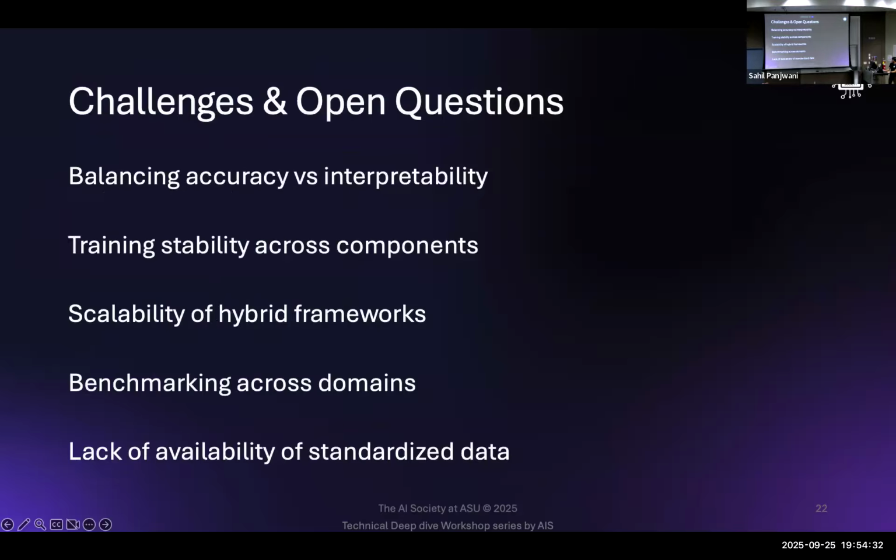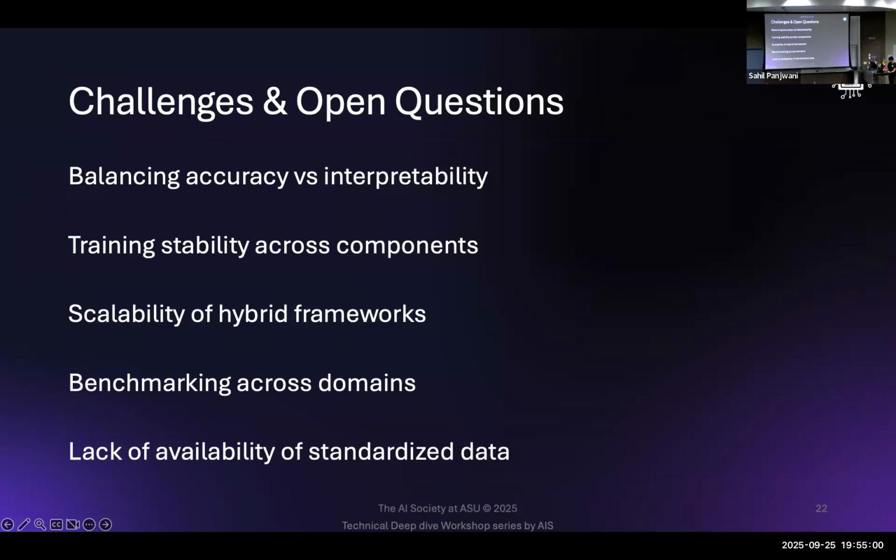I want to end this part with some challenges and open questions that I think of. In hybrid architectures, one is balancing accuracy and interpretability. Often the most accurate models are also the least explainable, and hybrids need to carefully trade off between the two. What kind of blocks you use is very dependent.